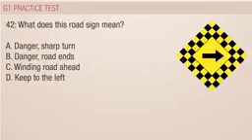Question 42. What does this road sign mean? A. Danger, sharp turn. B. Danger, road ends. C. Winding road ahead. D. Keep to the left. Answer A. This is a sharp turn ahead road sign.